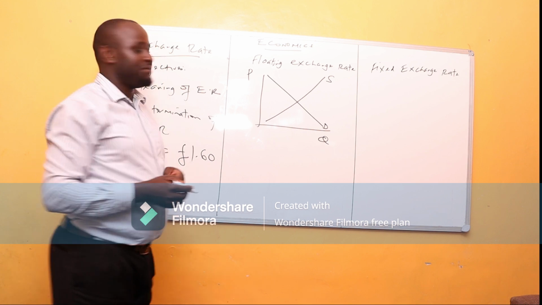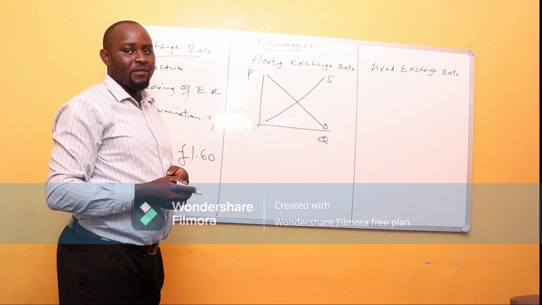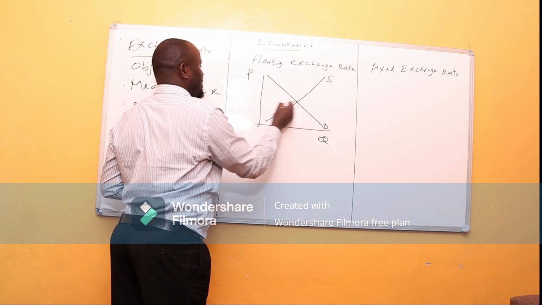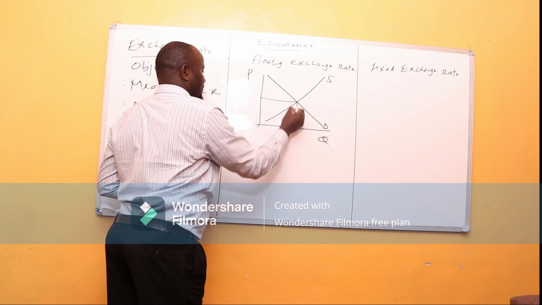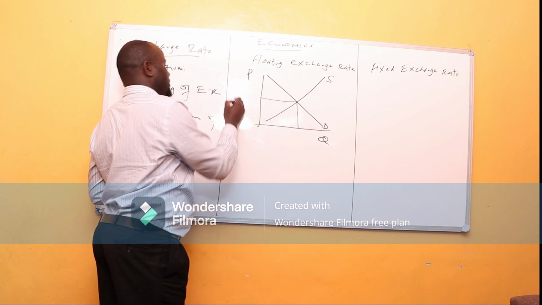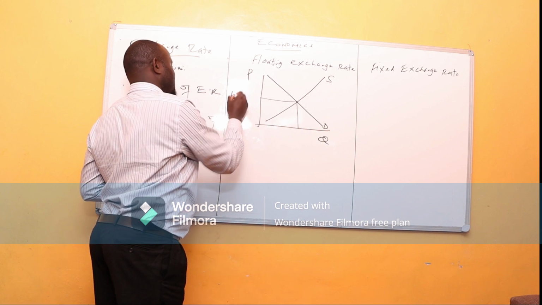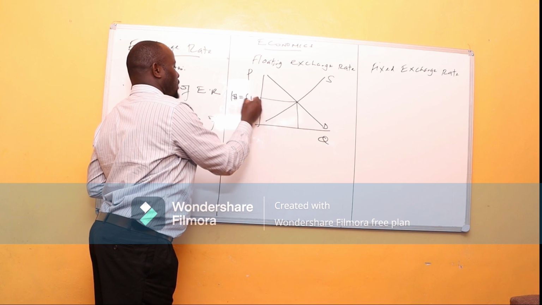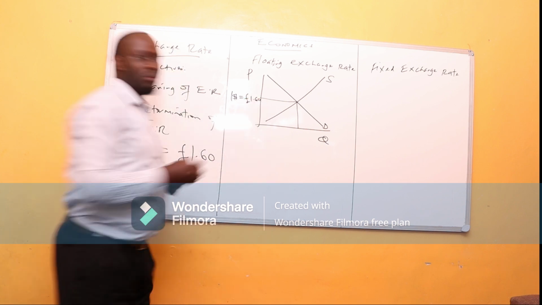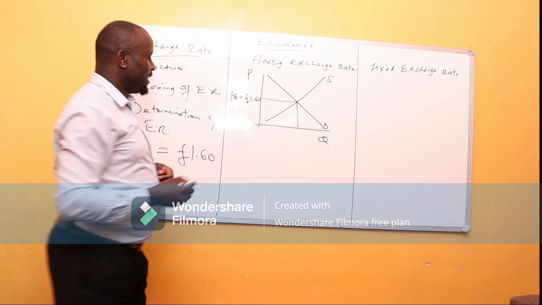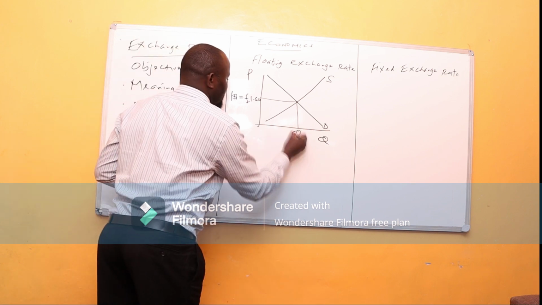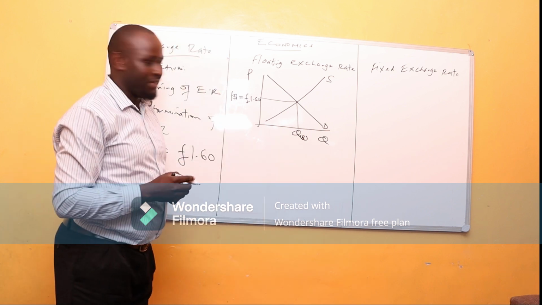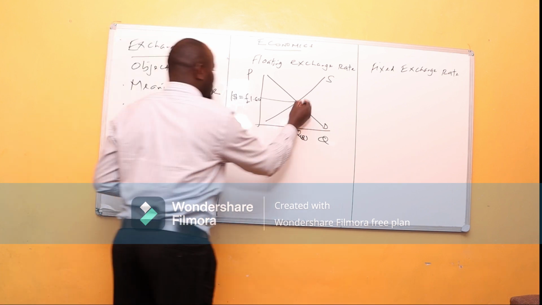Where the demand meets the supply curve, there is the equilibrium position. Therefore, for instance, this is the equilibrium. $1, using the previous example, equals 1.60 pounds. In that case, this is the quantity of dollars demanded and supplied, and that is the equilibrium position.